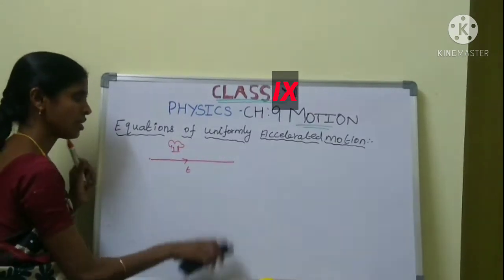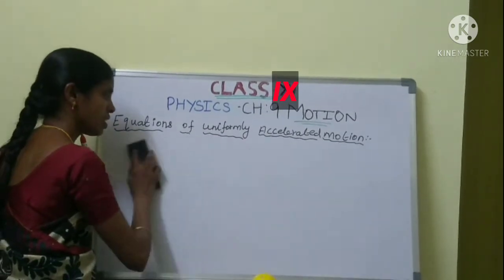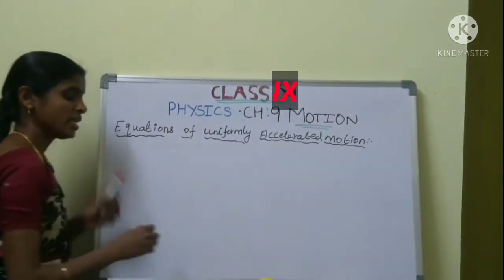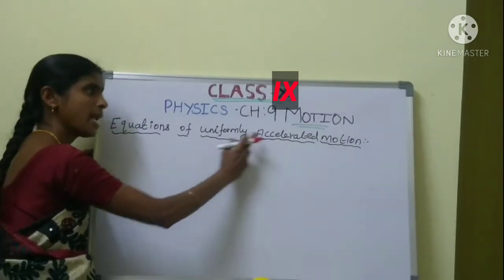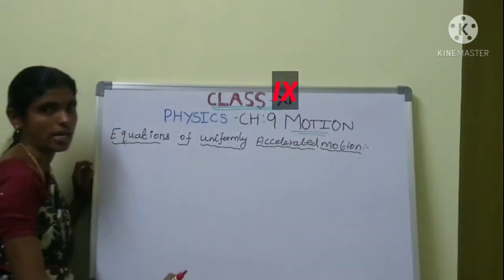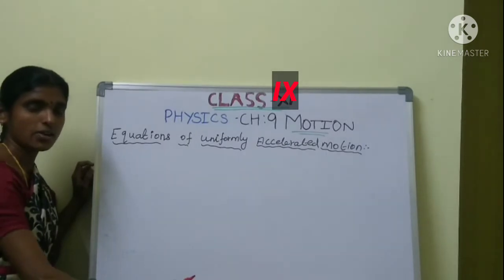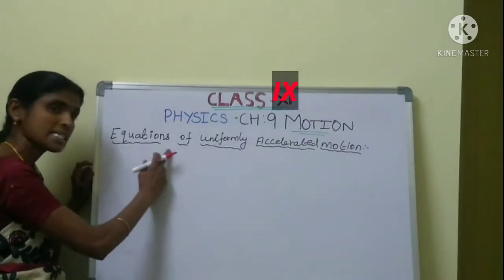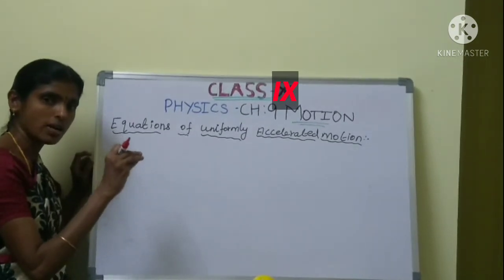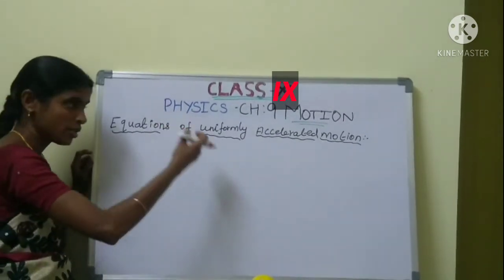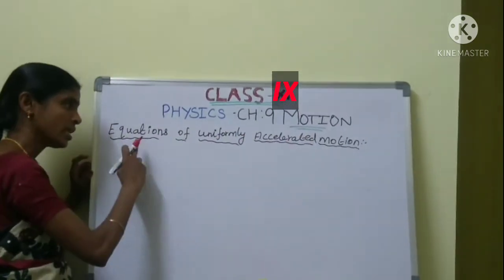Today we are going to discuss a very important topic and question: equations of uniformly accelerated motion. Are you clear? Do you understand the question? Some equations are there. How do they form for uniformly accelerated motion?